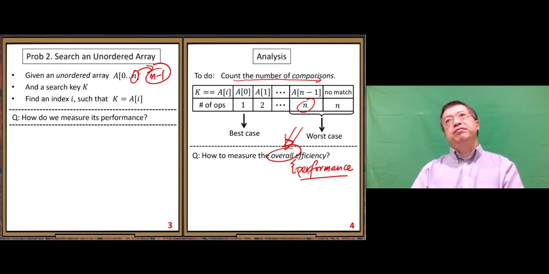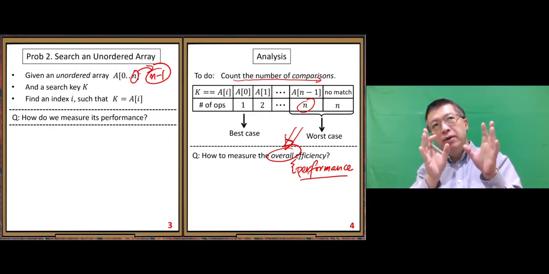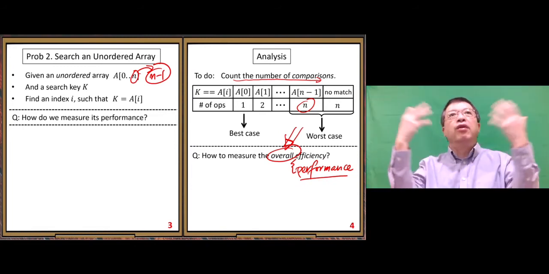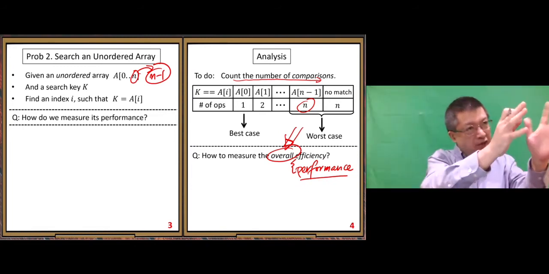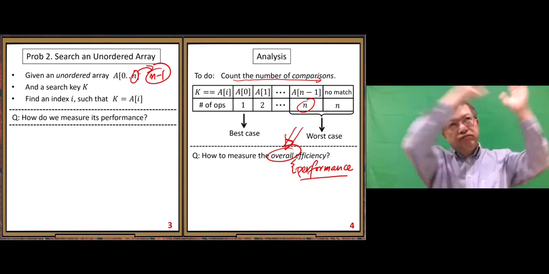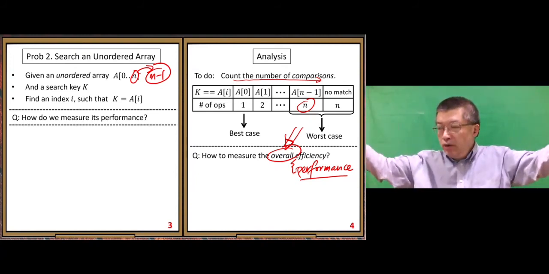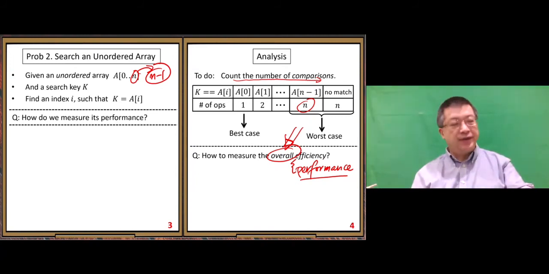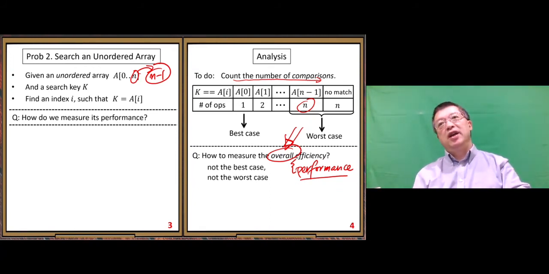Overall efficiency, overall performance. So that performance number, efficiency number, should reflect the overall efficiency. Not just the best one, not just the worst one. It should give us overall. Not the best case, not the worst case.